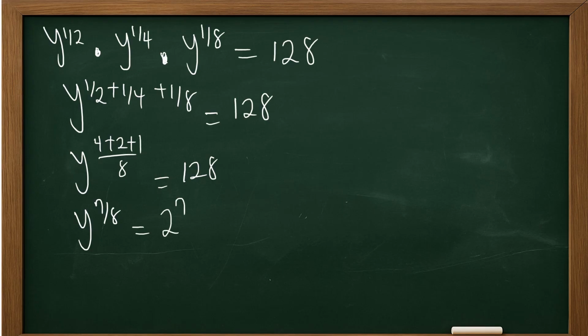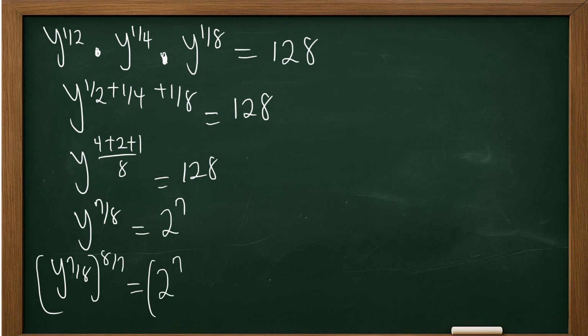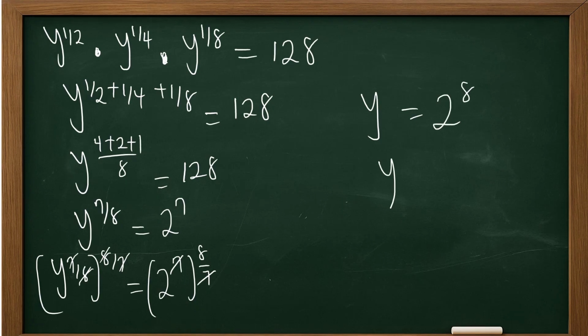To simplify this further, I can multiply the power 7 over 8 by 8 over 7, equals 2 to the power of 7, also multiplying by 8 over 7. Here 8 cancels out 8, 7 cancels out 7, so you have y. 7 cancels out 7, we have 2 to the power of 8. And here y equals 256.